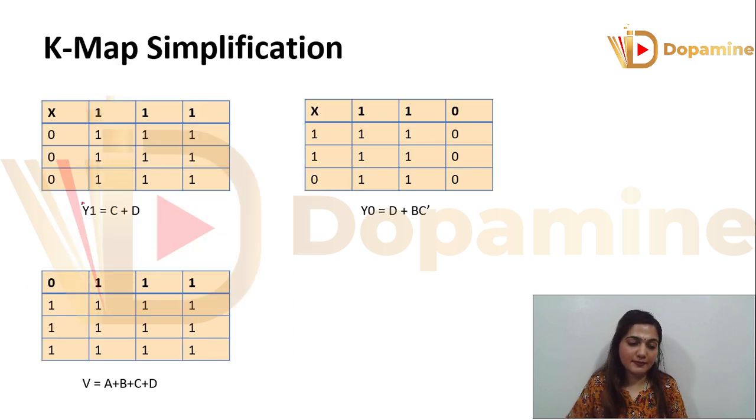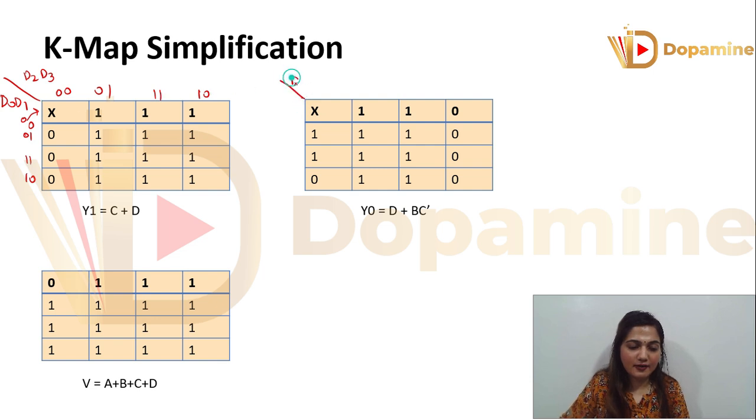Now coming to the K-map simplification. Now let's understand how I am going to draw the K-map. Basically we have D0, D1, D2, D3. These are ranging from 00, 01, 11, 10 for the upper one, and this row is 00, then 01, 11, 10.